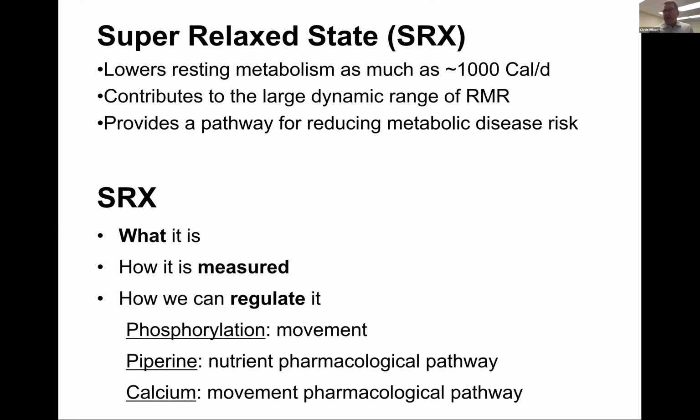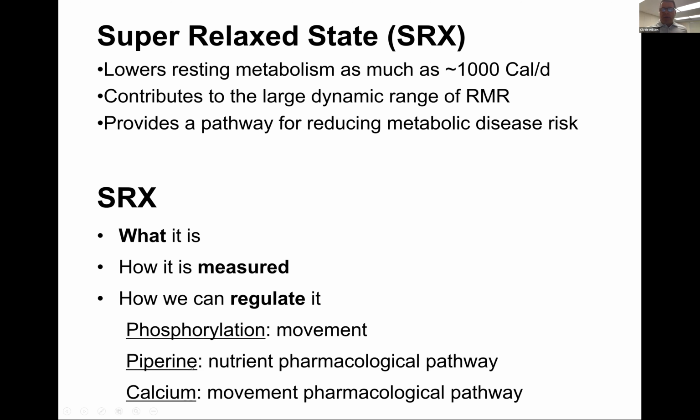In a nutshell, the superrelaxed state is destabilized, increasing metabolic rate through 3 known pathways so far: phosphorylation, piperine, and calcium. Phosphorylation occurs on myosin with twitch potentiation, which keeps calories burning at a higher rate for many minutes after force production in muscle.